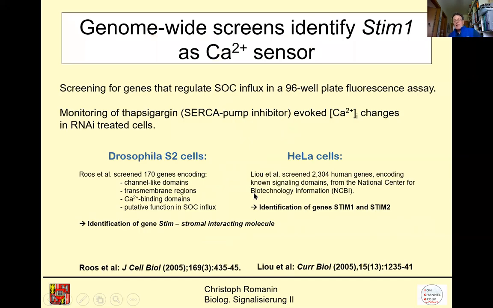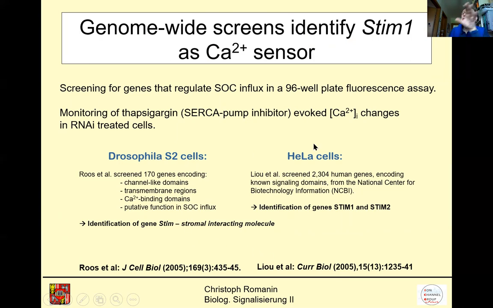So how did the search for the calcium sensor in the ER continue? There are actually two groups working in competition at the same time. So this is a very, very competitive field, and it's still competitive, although meanwhile 15 or 16 years have gone.